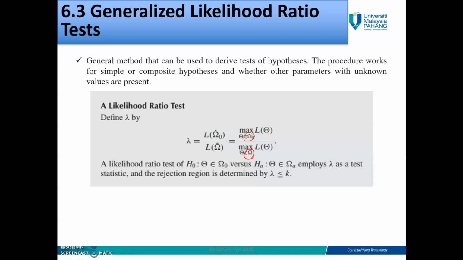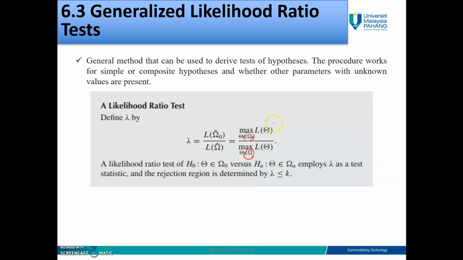A likelihood ratio test of H0: theta in omega naught, where omega naught is a subset of omega, versus the alternative hypothesis: theta in omega A, also in the population omega. So this is just notation.